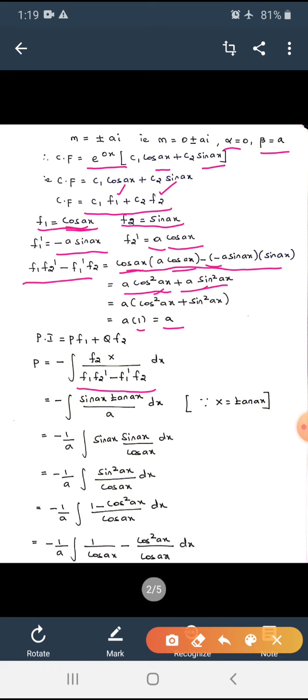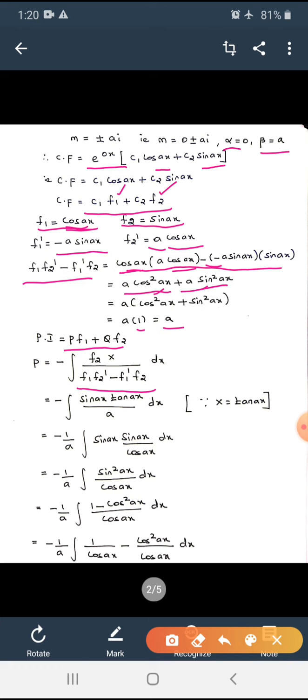Now let us calculate the particular integral. The PI formula is P f1 plus Q f2. First let us find capital P and capital Q. After calculating these two values, we can substitute them in the PI formula. Now consider the formula: capital P is equal to minus integral f2 capital X by f1 f2 dash minus f1 dash f2 dx.